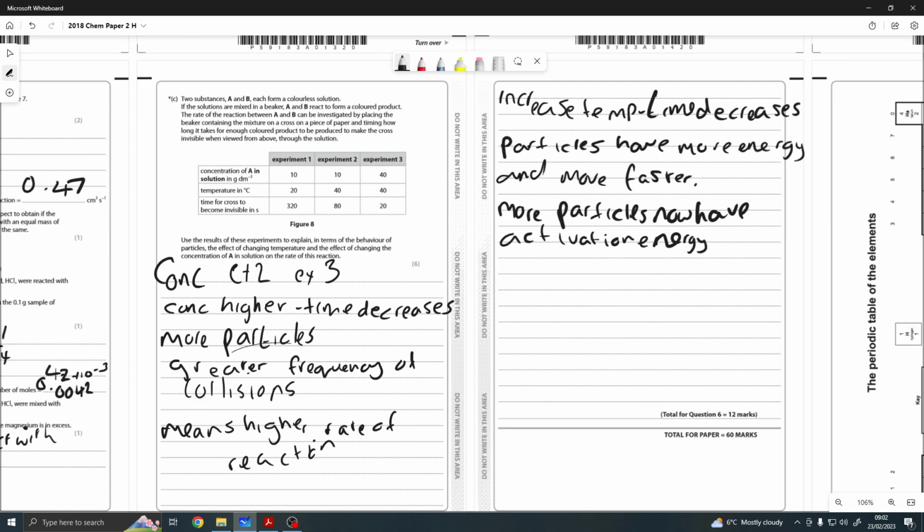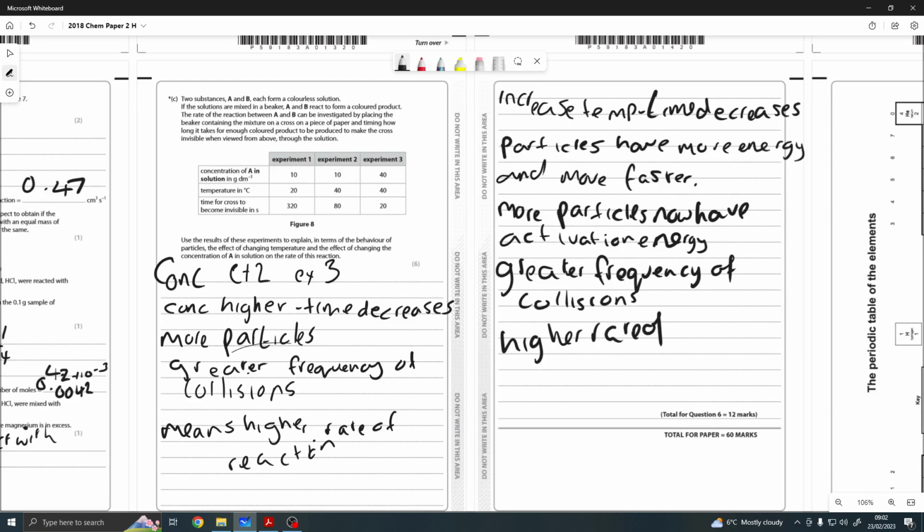Both of these things result in a greater frequency of collisions and therefore a higher rate of reaction.